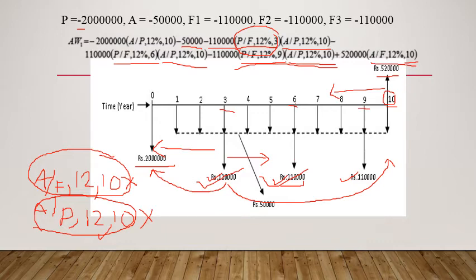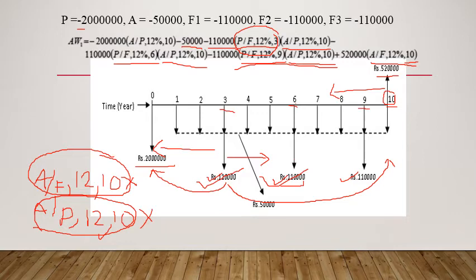So remember this point, once again I am repeating. Whenever you have a cash flow in the middle of the cash flow diagram, you cannot convert that into A straight away, because it is a single payment occurring in the middle of the cash flow diagram, not at the ends.